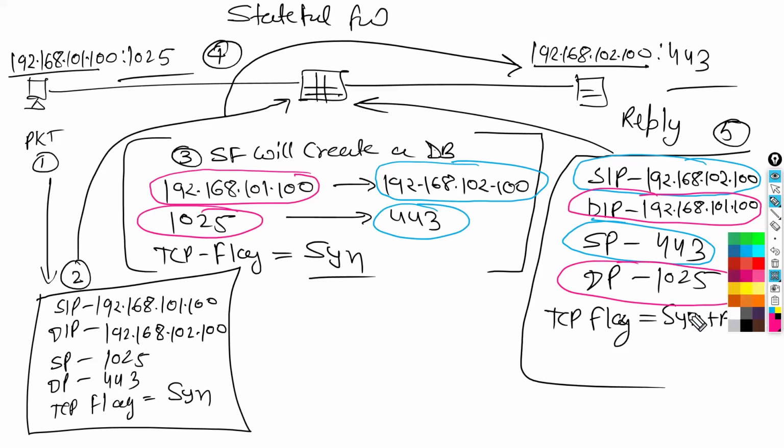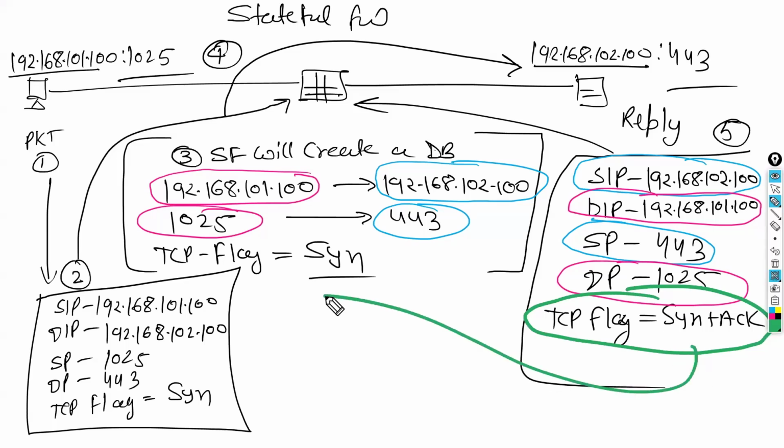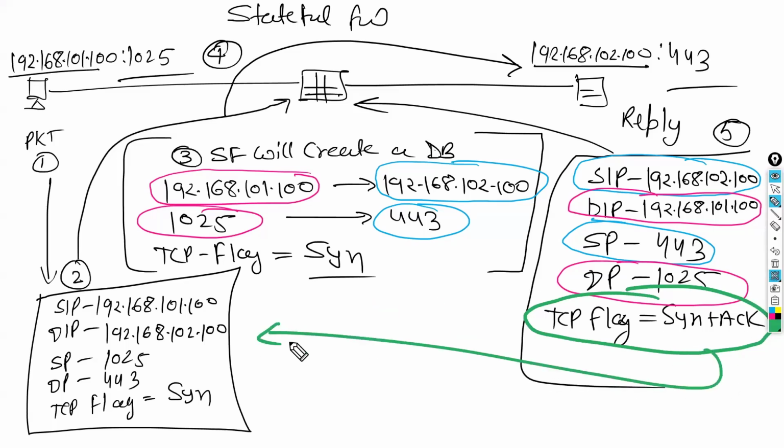Next, what is coming? A SYN plus ACK flag is coming. SYN plus ACK will only be accepted if we have sent a SYN. Yes, 101.100 sent a SYN request, and in response to SYN, SYN plus ACK will come. So when the reply comes, the firewall will match the reply with the database. It is matching, so it will be allowed. If any information does not match, then the packet will be dropped.